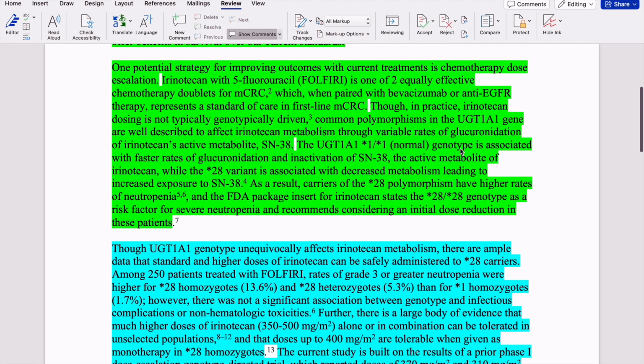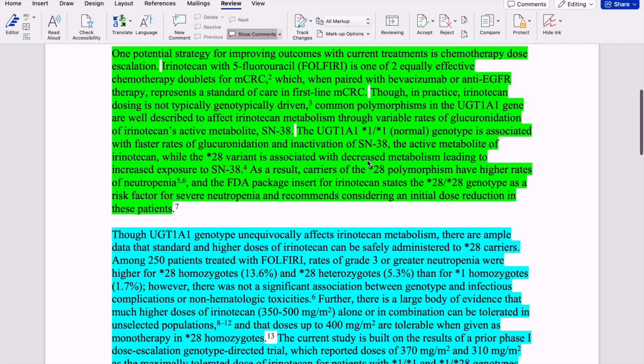So they're saying this genotype is associated with affecting the efficacy of this treatment, and individuals with this genotype are associated with decreased metabolism, leading to increased exposure due to this other genetic marker. So this is providing more background on the issue.